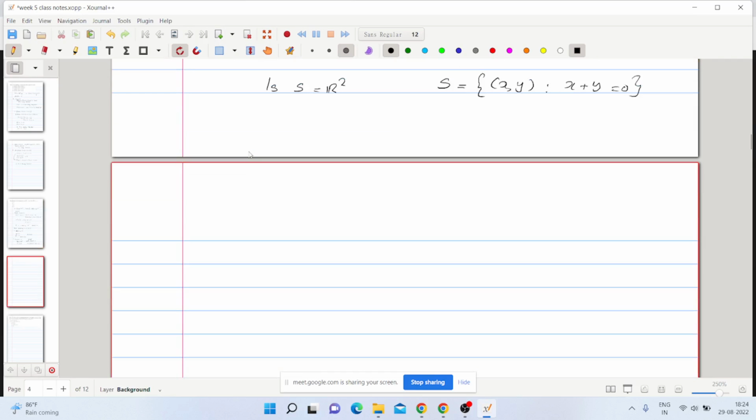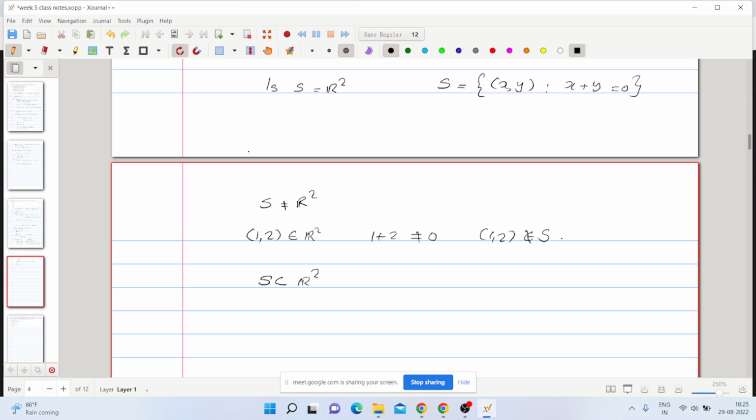So S is not equal to R2, because for S it must satisfy the condition x plus y equal to 0. For example, if I take the element (1, 2) in R2, 1 plus 2 is not equal to 0, so it does not satisfy this condition. So (1, 2) does not belong to S. So S is not equal to R2. S is a proper subspace of R2.